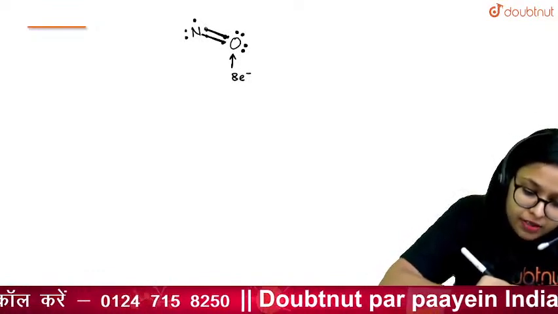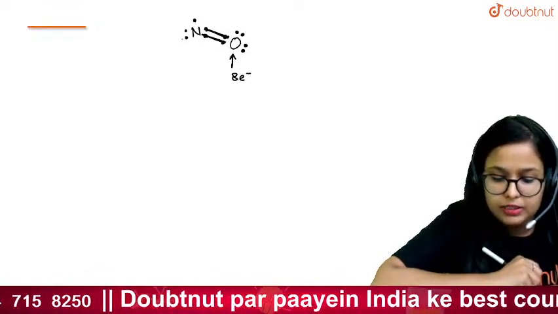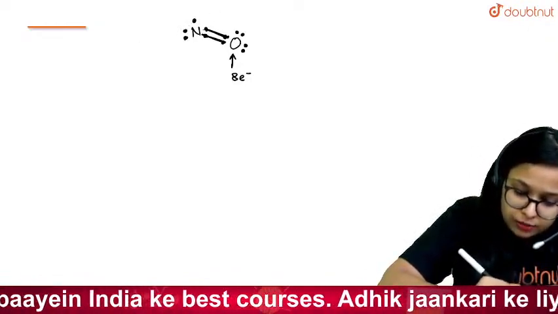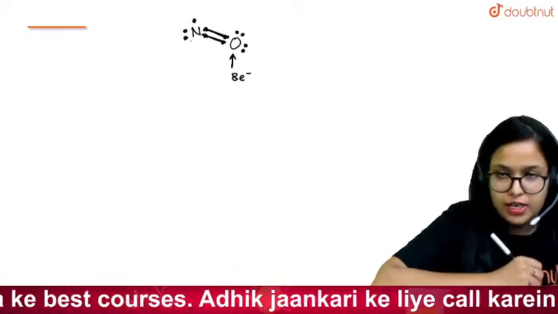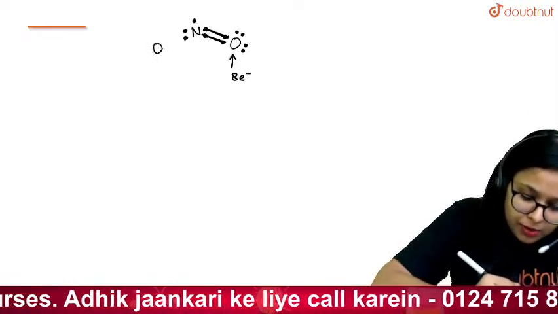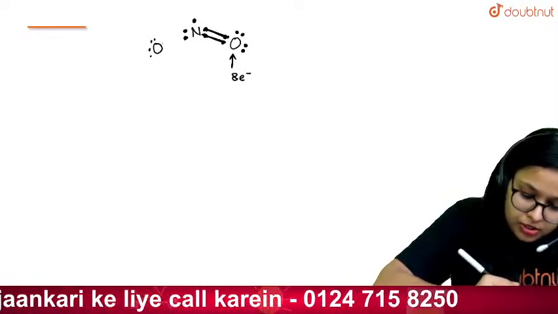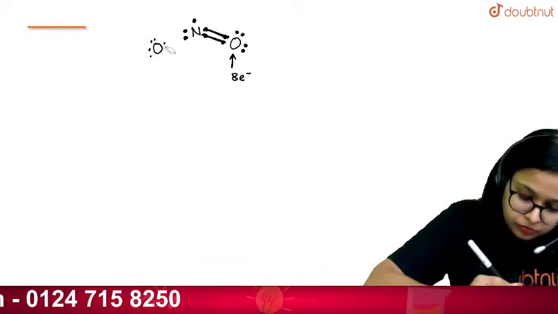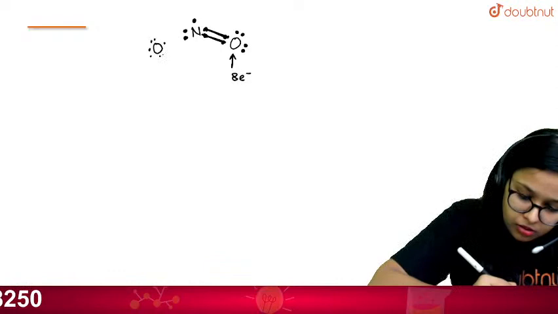The 5, 6, 7, 8 electrons of oxygen are completed. If I talk about nitrogen, it has 1, 2, 3, 4, 5, 6, 7 electrons, right? It also has one oxygen atom, which is this, right?